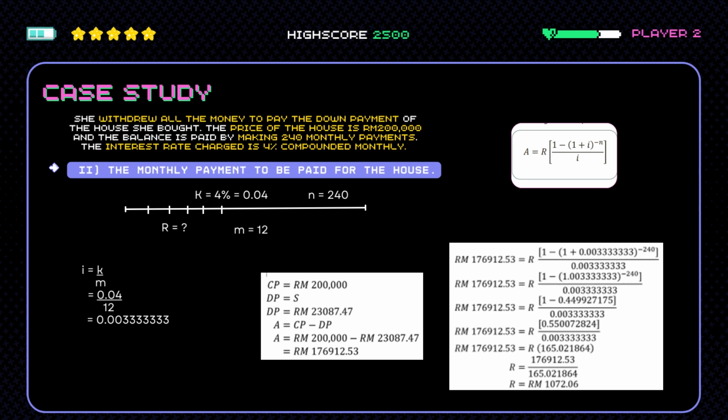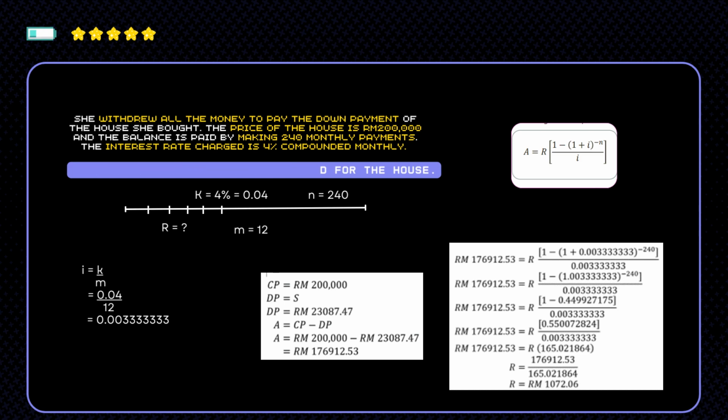Cash price is 200,000 minus RM23,087.47, and we got 176,912.53. With all the information we have, we fill in the information into the formula as shown in order to find R, where R is equal to RM1,172.06.